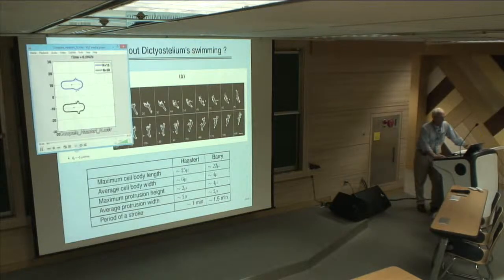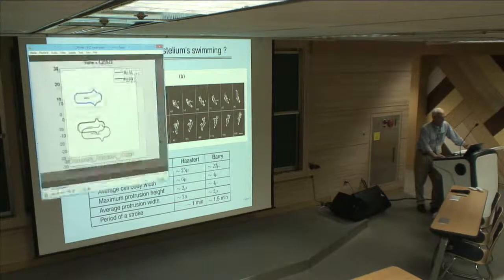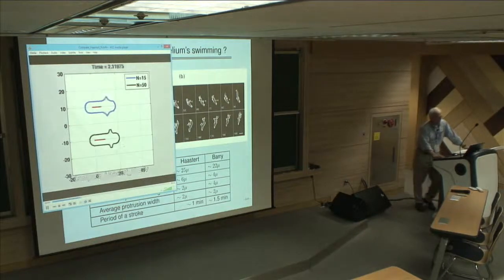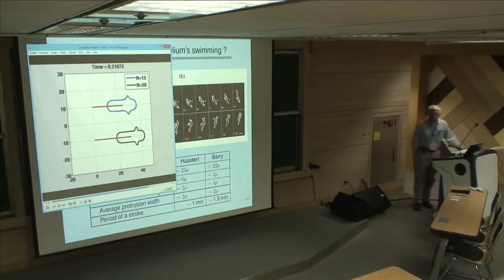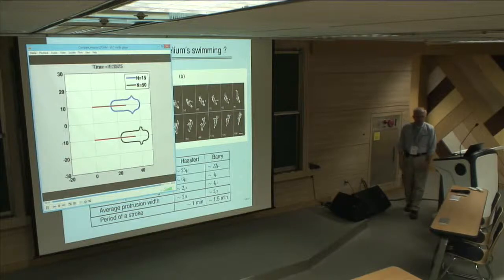And this little video has one of the answers. So here is one of those swimmers. Here's with n equal 15 points in the Schwarz-Christoffel, n equal 15 vertices is the way to say it, or 50. And you see the smooth swimmer moves very effectively.